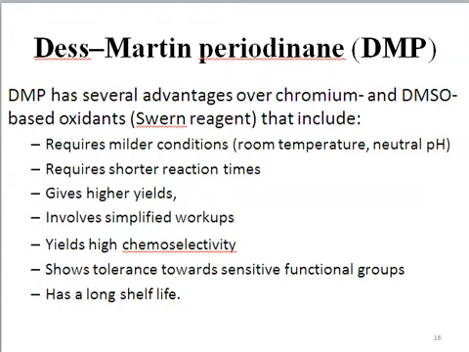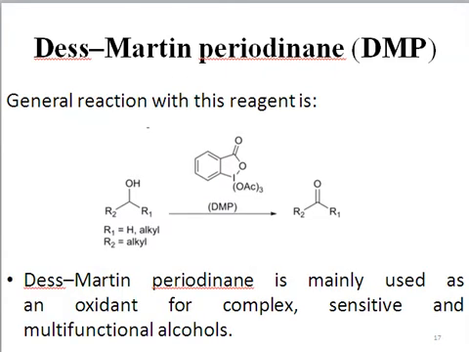So let's consider the general reaction. This is our alcohol. This can be a primary alcohol or secondary alcohol, and this is our DMP. DMP cleanly converts primary or secondary alcohol into aldehyde or ketone.